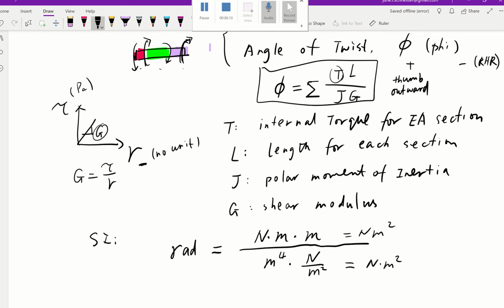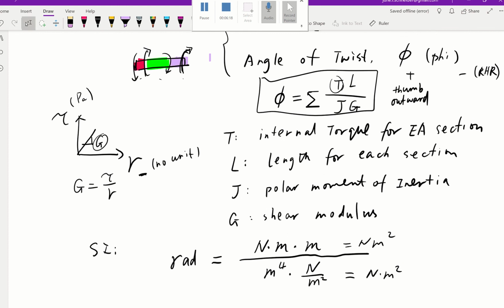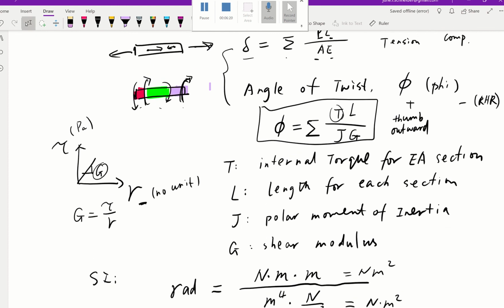Now, knowing that, the normal procedure for this problem is you look at those three different sections, red, green, purple, find each individual torque, and then put them together into this equation. And don't forget, we have to consider the sign convention.